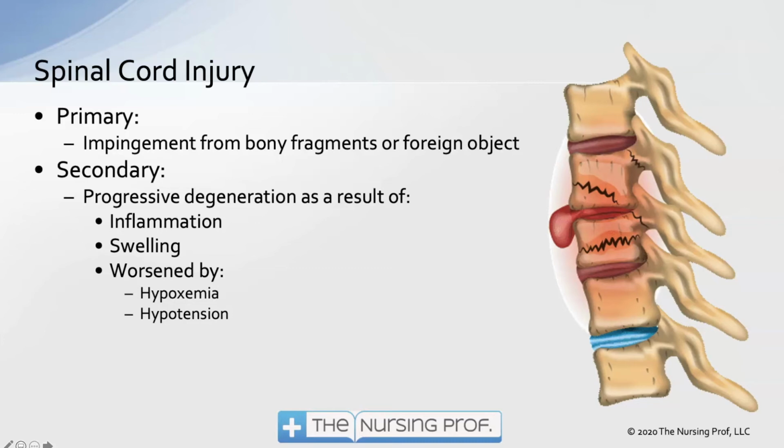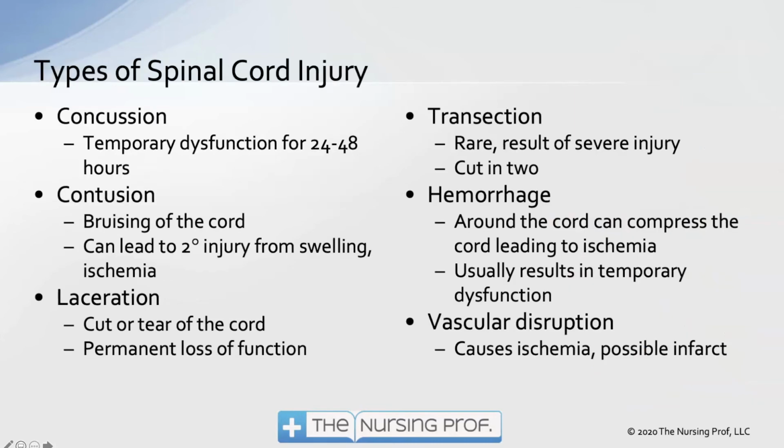However, the swelling and inflammation from the fracture is causing impingement on the spinal cord. This is worsened by hypoxia and by hypotension. So again, with your multiple trauma patient, you may see that they have some neurodeficits on admission, but those neurodeficits may start to fade over time because we've resolved the hypoxemia and the hypotension.